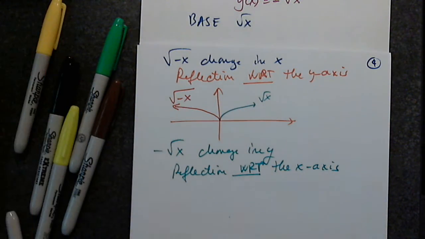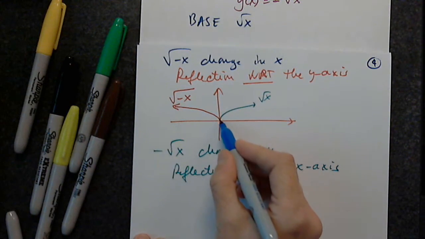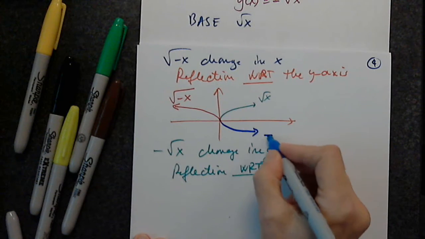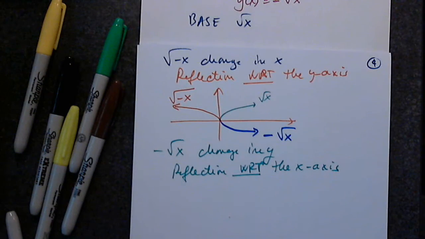Look here carefully. Here's the graph of negative the square root of x. So when I change x into negative x, it's a reflection with respect to the y-axis. When I change y into negative y, it's a reflection with respect to the x-axis.